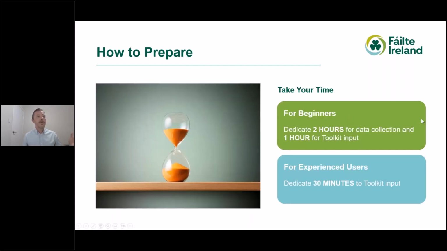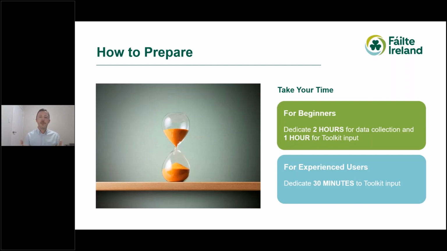For beginners, I really think you should allow several hours to go through and get all the information, whether that's all centrally located and you can just go and access it all at once, or you're having to chase down multiple departments. Depends on the business, of course. So if this is your first go, and you've never had an effort to collect this information, give yourself some time. Don't expect it to take 15 minutes to wrangle up 12 months' worth of invoices if they're covered by different operations within the business.